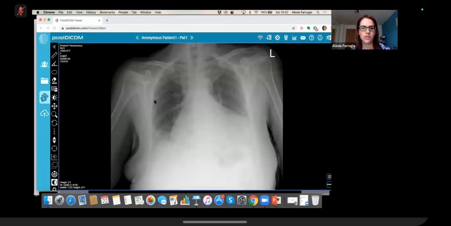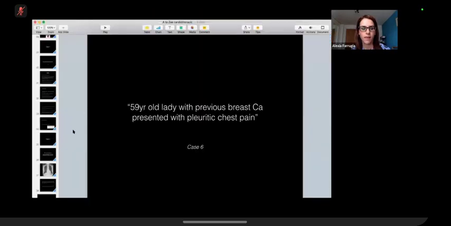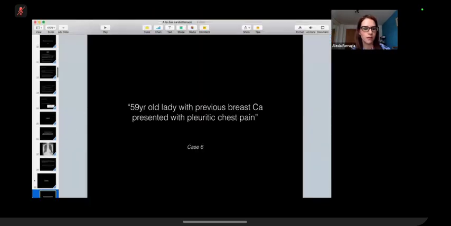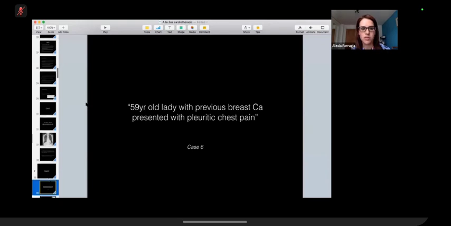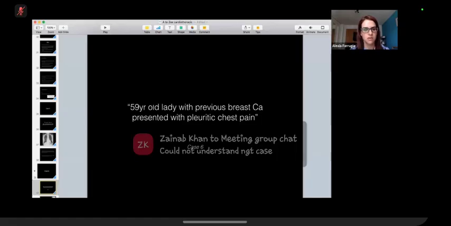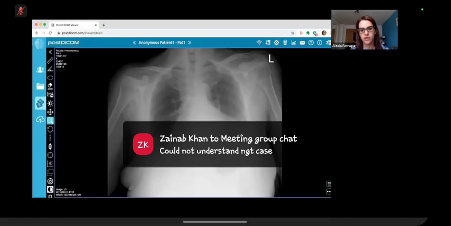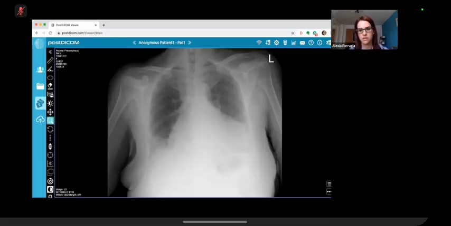So I'll give you the history. It's a 59-year-old lady who had previous breast cancer, and she presented with pleuritic chest pain. So we did a chest X-ray first, and then we'll take it from there.